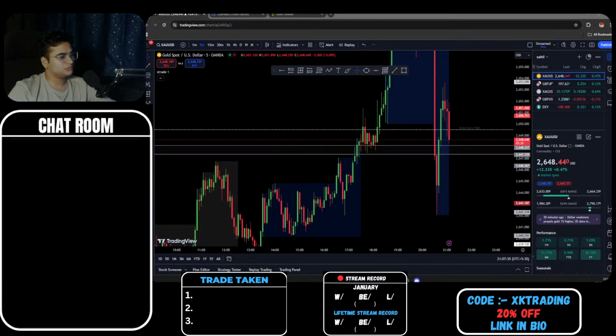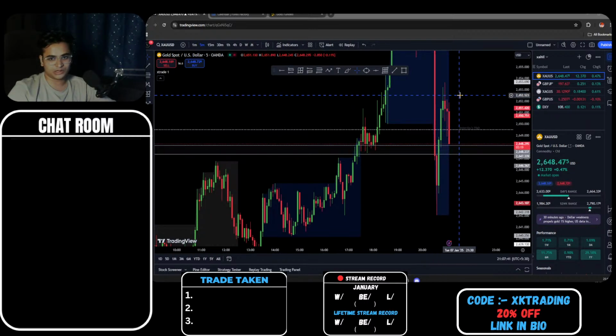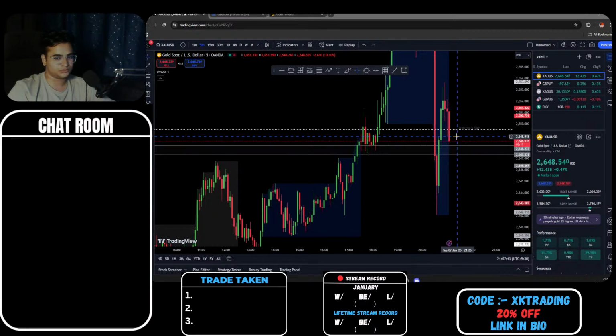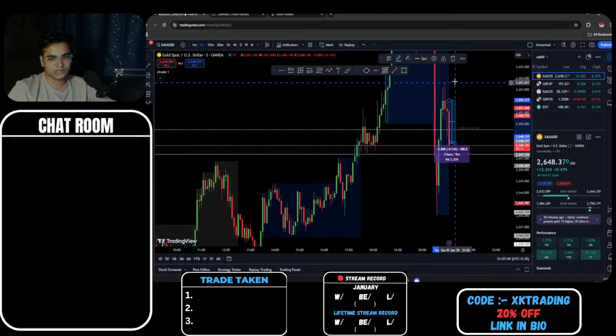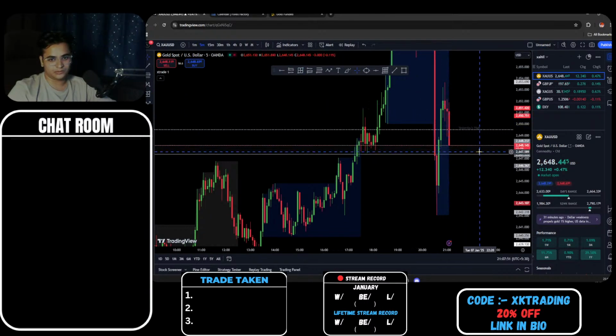Should I wait? Because price is now coming back down into the zones. Okay, so this was a rejection. If price had trended from this area, we could have put the stop loss below this candle and managed risk based on that, right? That would be 30 to 40 pips.